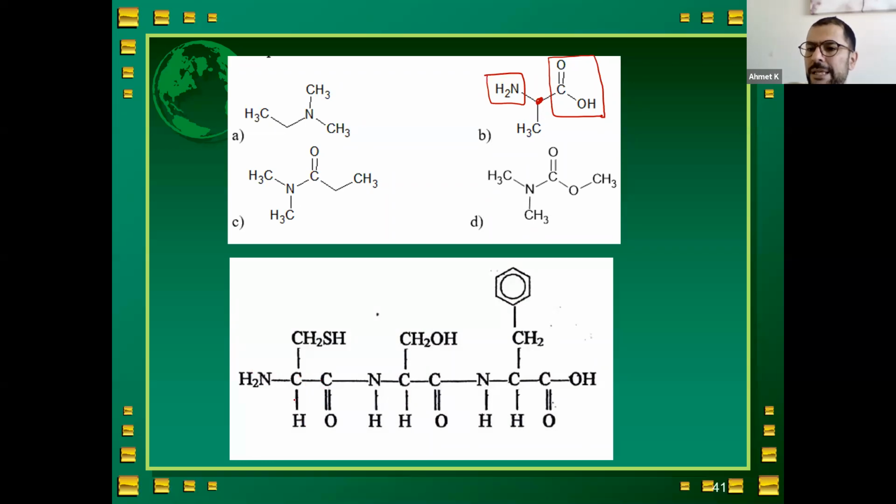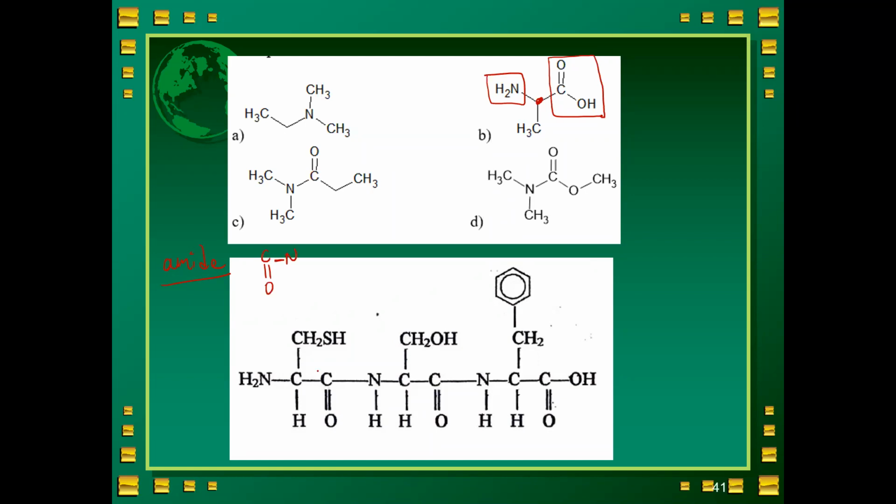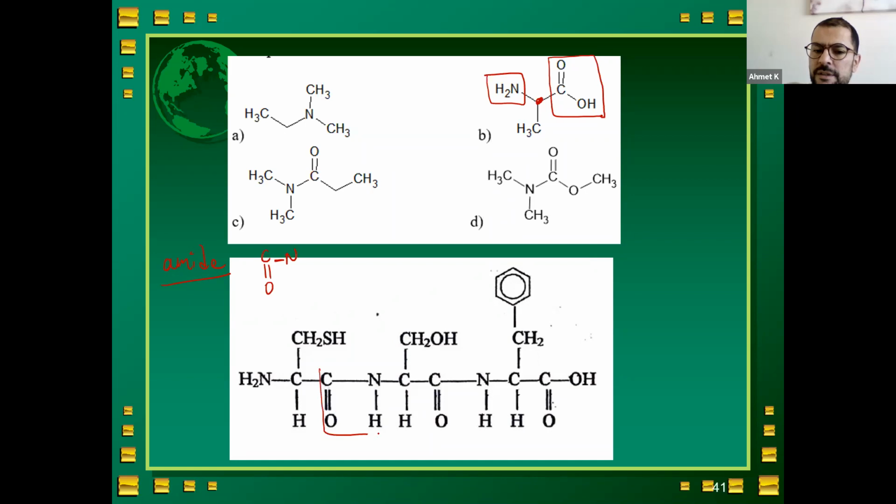So the best way to determine is look at your amide linkages, right? Amide linkages, because that's how you make the proteins. An amide linkage is again nothing but a carbonyl attached to a nitrogen. As you can see here, you have one here, and there's another one here.